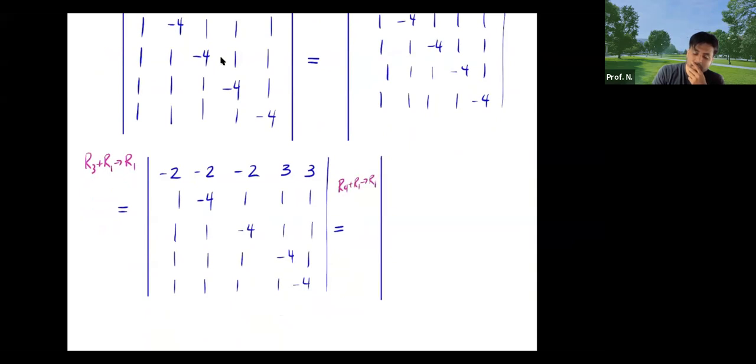You might be like, wait, this is getting kind of crazy. This is R4, right? If I add it, what do I get? -1, -1, -1. I get -1 and I get 4, don't I? And guess what happens with the last step?